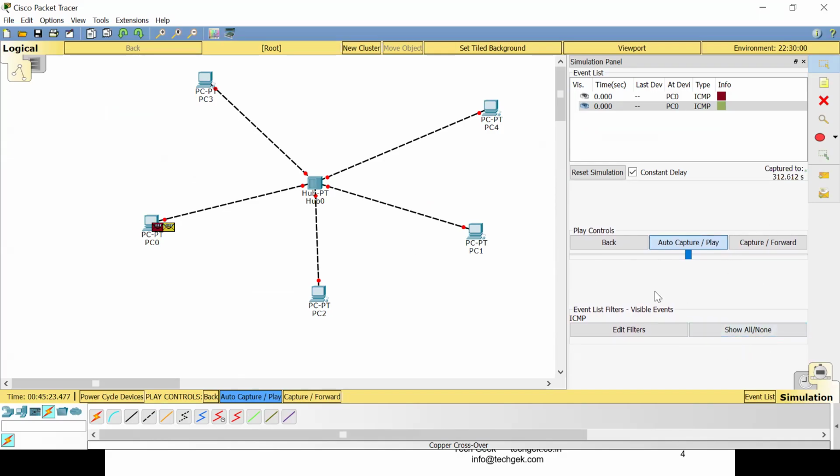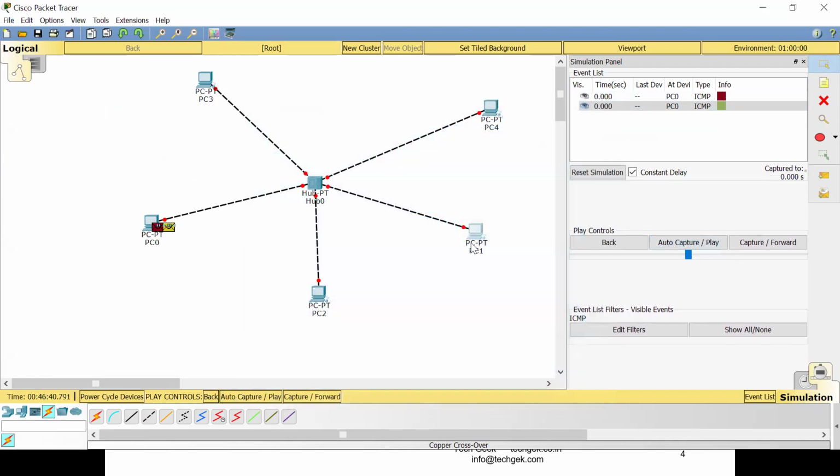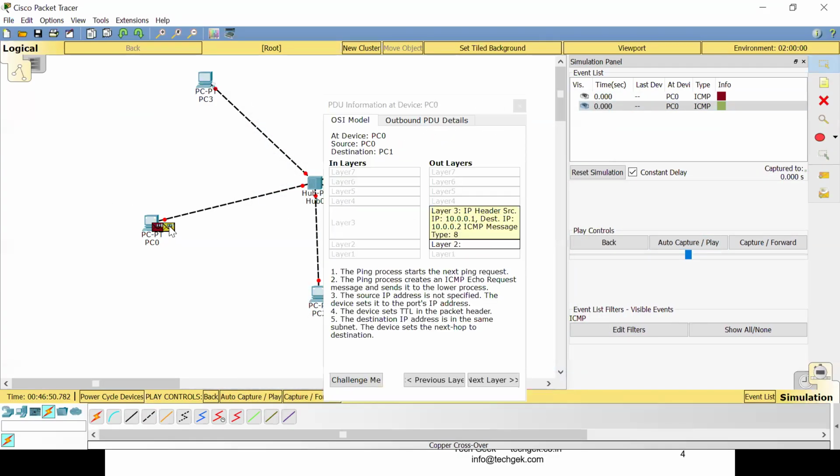They might be using different types of protocols and different layers when we see what type of messages they have sent. That happens on the OSI model. There are seven layers: layer one is the physical layer, then the data link layer, network layer, transport layer, session layer, presentation layer, and the application layer.